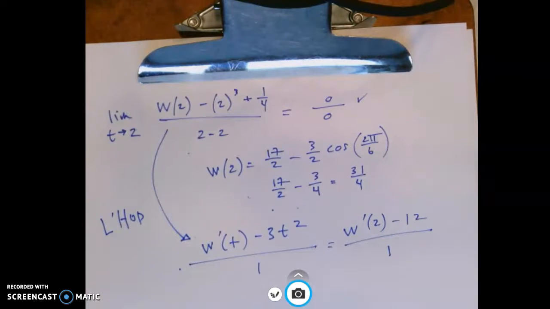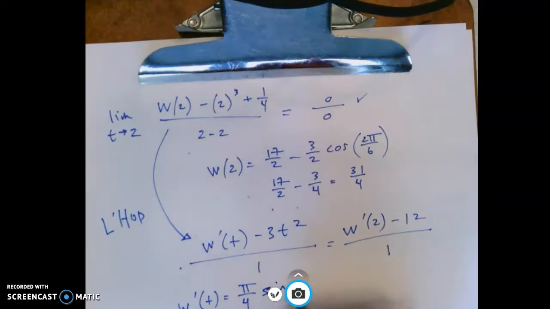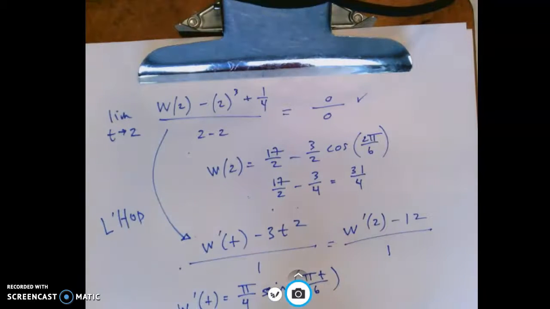All right? And W prime of 2, we remember we've already found the derivative to be pi fourths times sine of pi t over 6. So this is a simplified form. We evaluate this at 2.